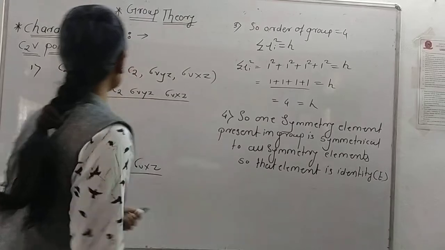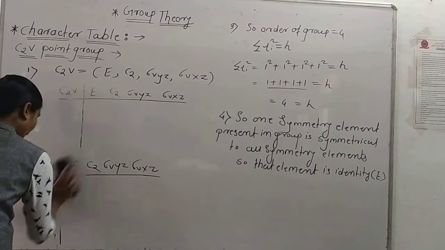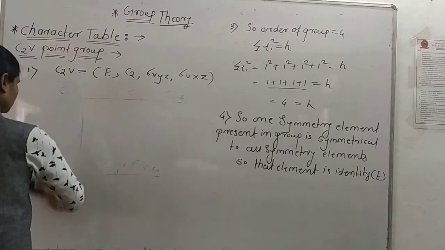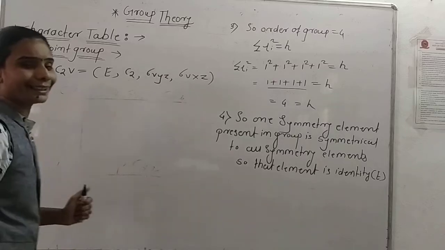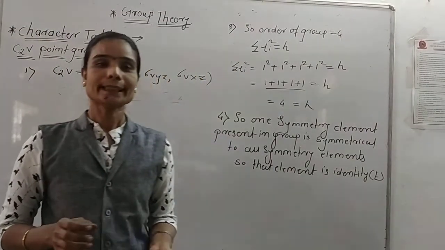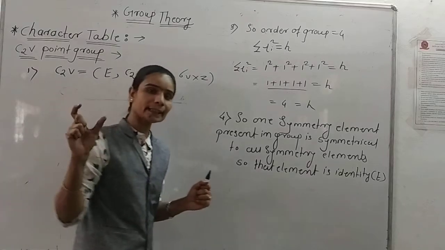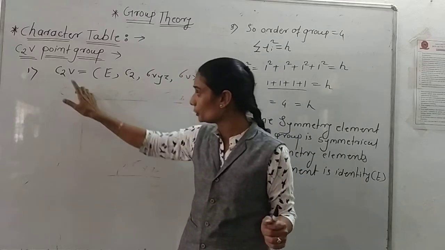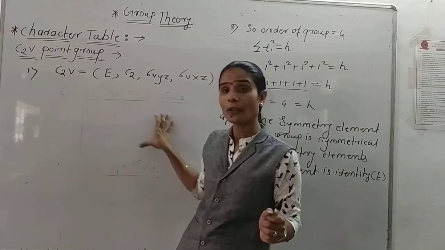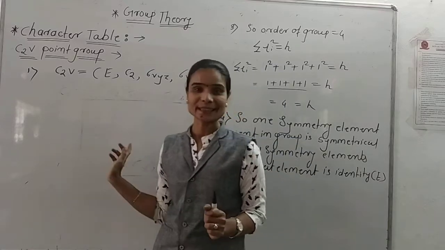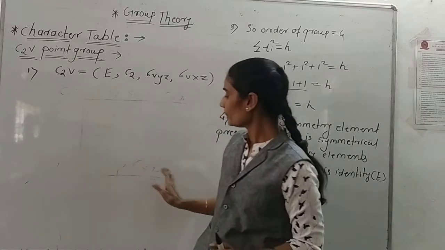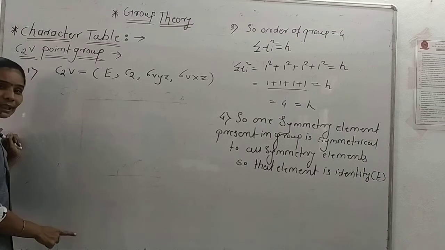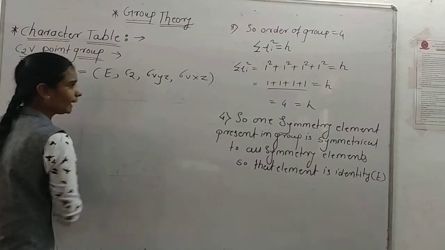So next, the character table is written as follows. Okay, listen. We will see the character table for the C2V point group. A character table is nothing but some characters, or values, for the symmetry elements present in the point group, arranged in the form of a table. That table is called a character table. We already saw it for the C3V point group. We take the symmetry elements present in the group and the irreducible representations applicable for them.